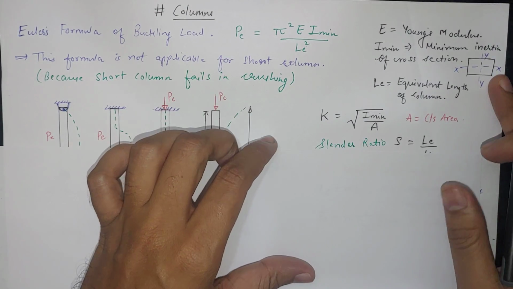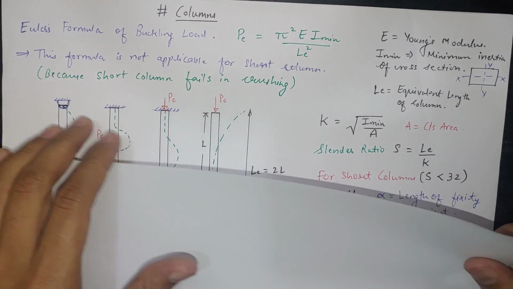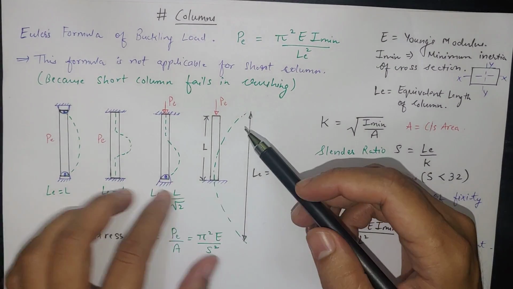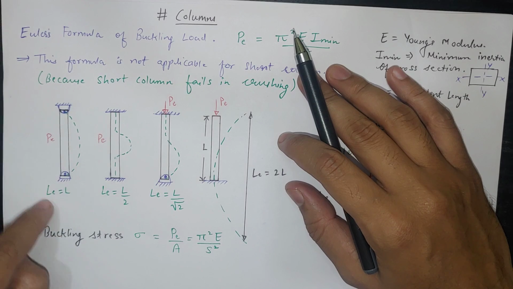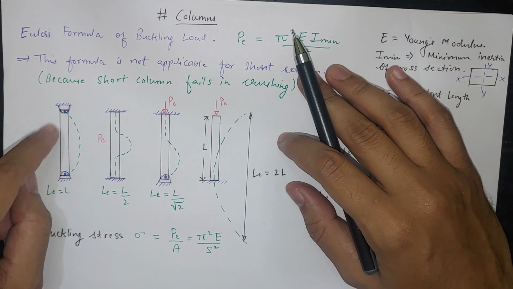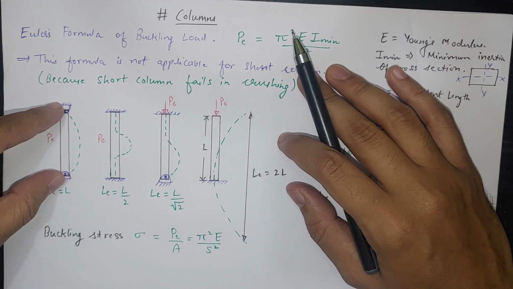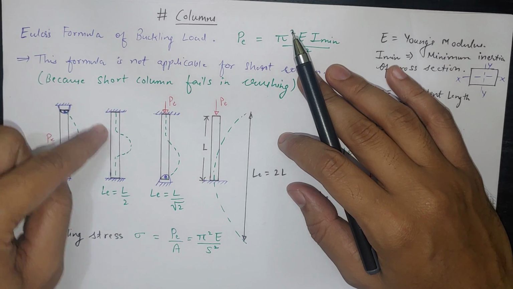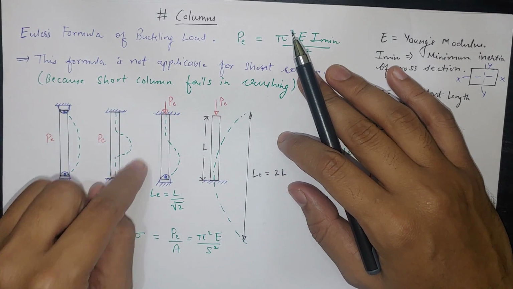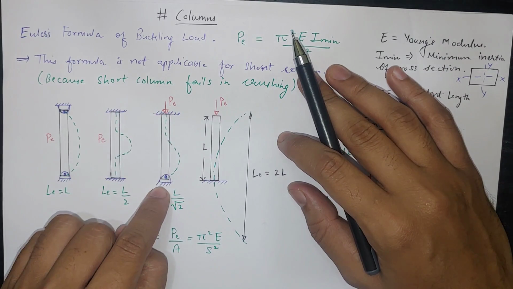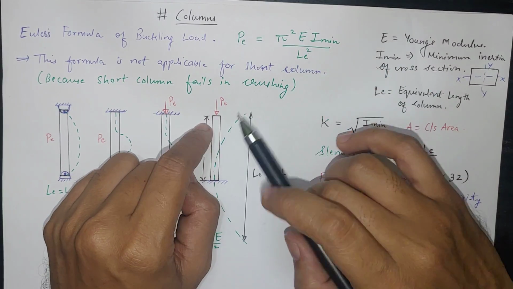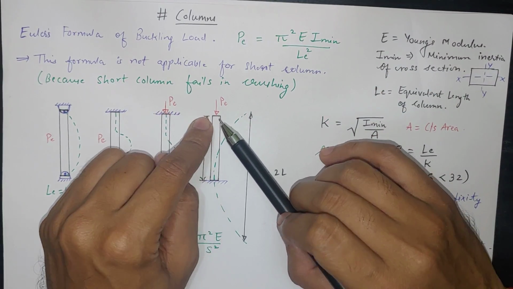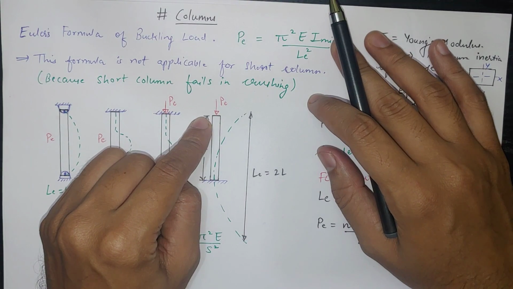Now we have four different cases for the columns. In the first, both ends are hinged. In the second, both ends are fixed. In the third, one end is fixed and the other end is hinged. Hinged means a pin joint. In the fourth, one end is free, nothing is connected, and one end is fixed.